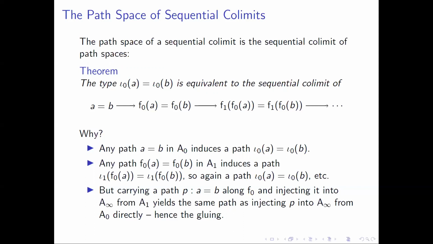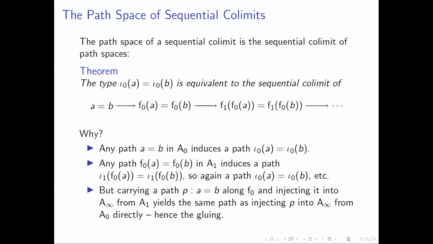And so why is that? Well, intuitively, any path from a to b in A0 can be injected into a path in the colimit between the injection of a and the injection of b. But likewise, we can do the same thing for paths from F0 of a to F0 of b, now in A1, and inject those.